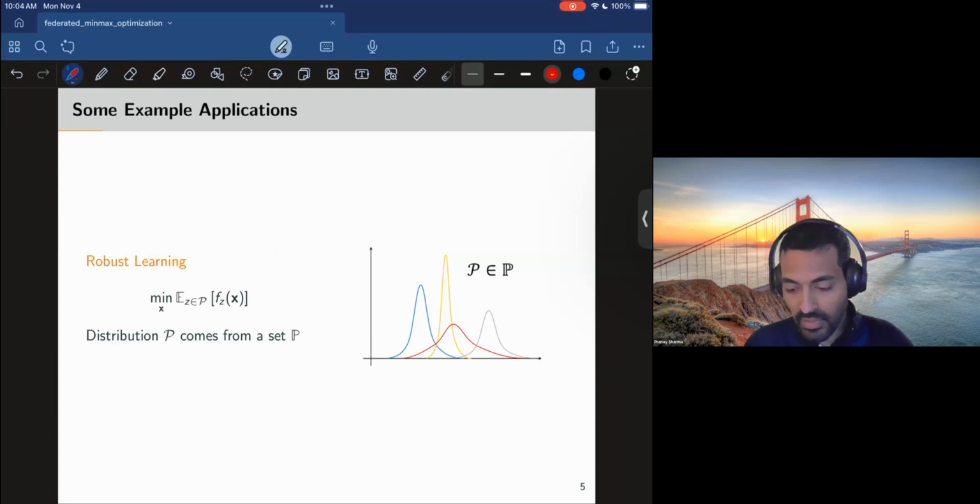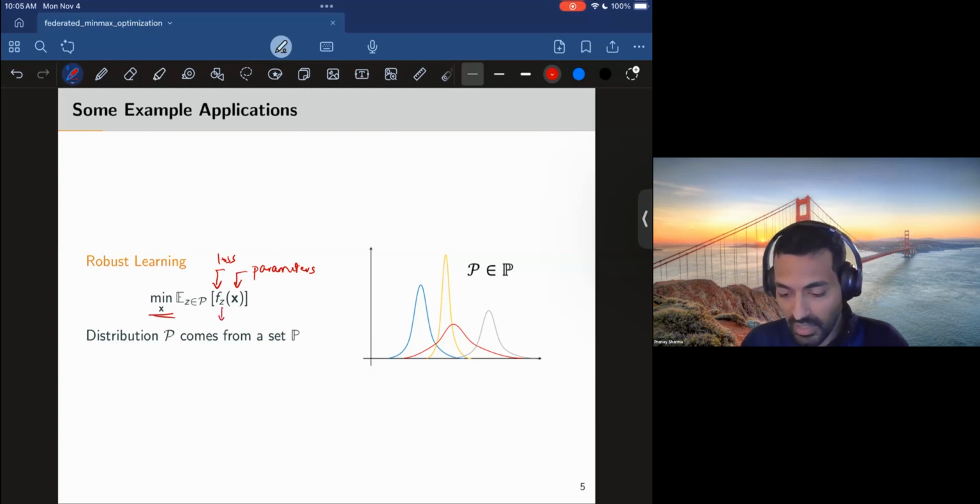Suppose we have some loss function f, and x are the parameters of the algorithm. So these are the parameters of our network, and f is our loss function. We want to find the parameters which minimize this loss function.